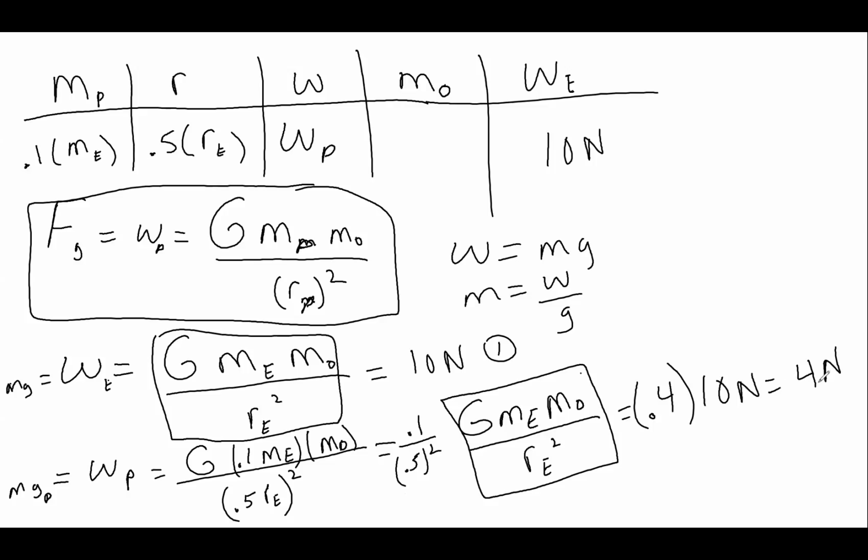So if the mass of the planet is half that of the earth, you're going to just say 0.5 mass of the earth. If it's 7 times radius, you're going to say 7 times radius of the earth. You're not going to go through a long problem the way we did in the previous problem. In the previous problem, we had to do it that way because that's all we were given.